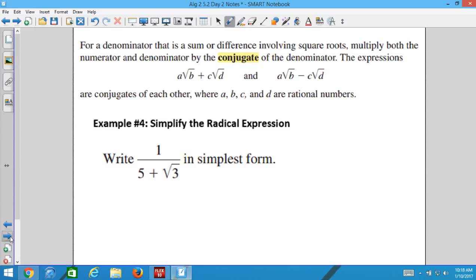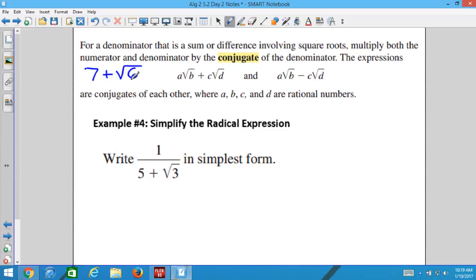In the directions, it has something highlighted. It's the word conjugate. And I hope you say, oh, I've heard that before, because I've said it in here quite a few times. When we were solving by factoring and we had zeros, we learned that if you have 1 zero, that's like 7 plus square root 6, then there's actually 2 zeros because radicals always come in pairs. The other one is called its conjugate.